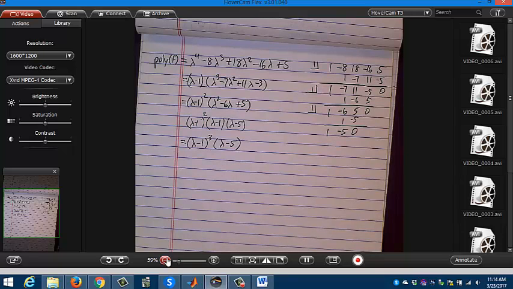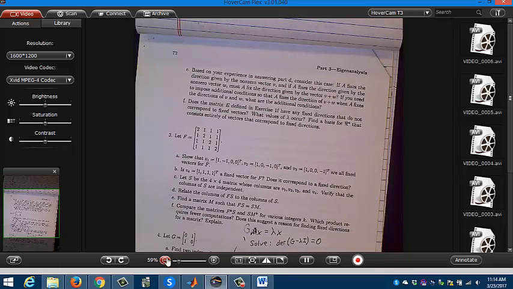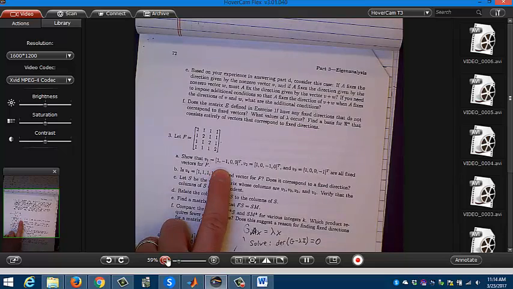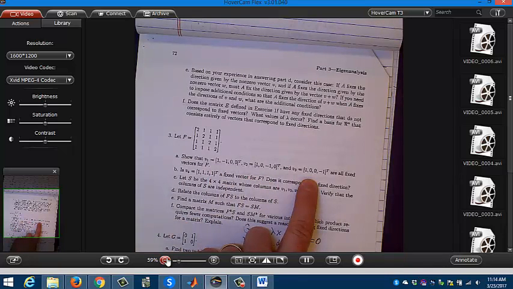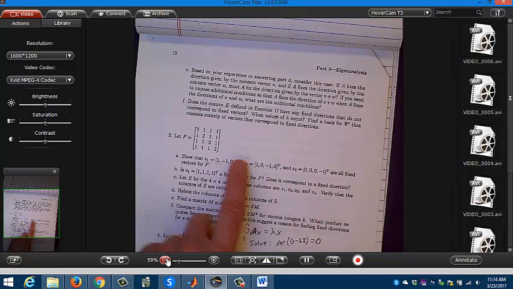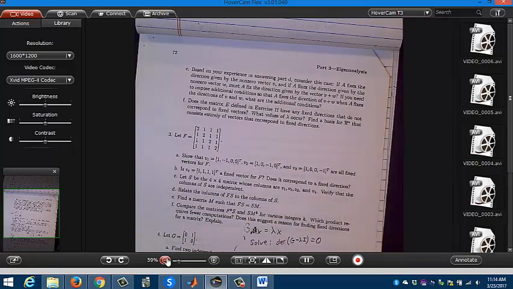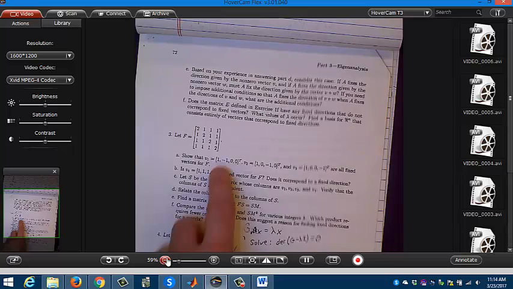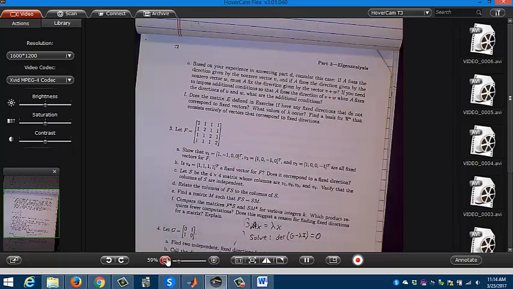Well, it turns out that basically what we showed in part A is that the geometric multiplicity of 1 is also 3 because there are 3 linearly independent eigenvectors that you can use for that eigenvalue. In other words, this is a 3-dimensional basis of that eigenspace.